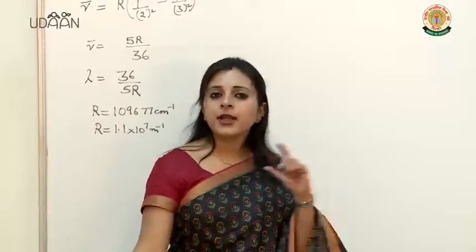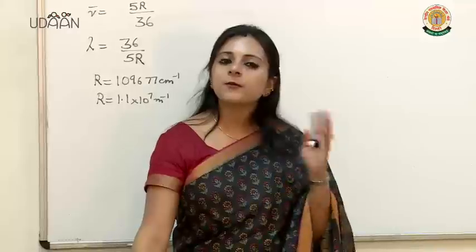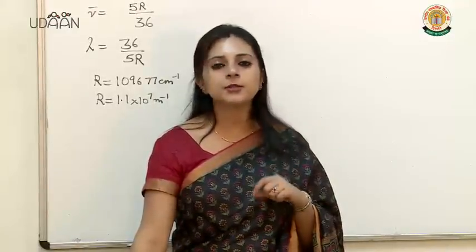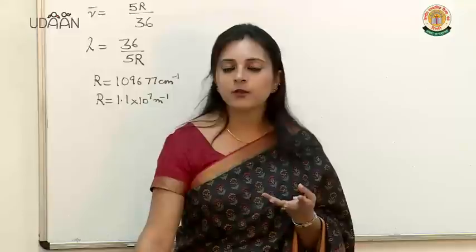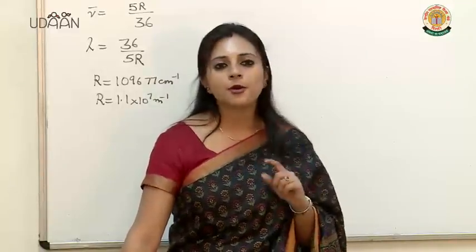The entire mass of the atom is concentrated within the nucleus, and the charge of the nucleus is due to the presence of protons. We say that the nucleus is positively charged because of the protons.